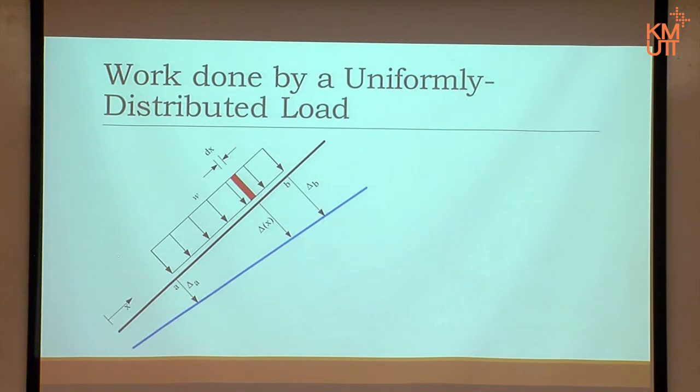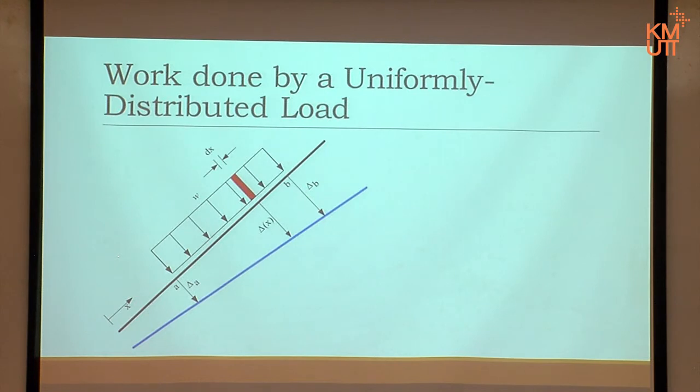Then that small strip, of course, will be the full height of W. The width will be dx as usual. So what happens is I will calculate what the force is in here and how much work is done by it, and then I sum them all up by integration from A to B, basically.